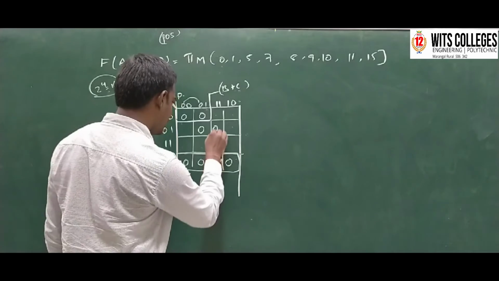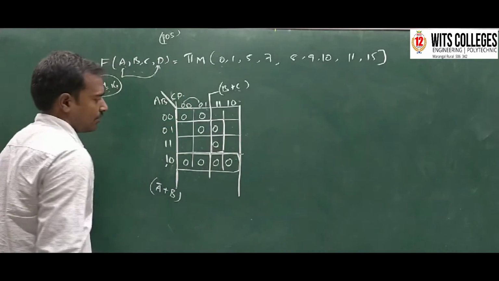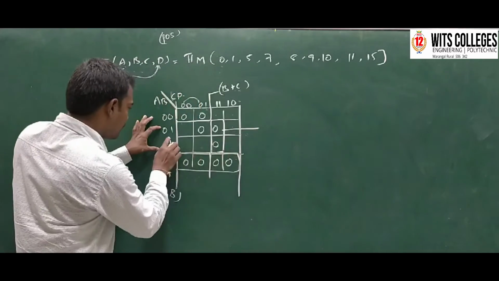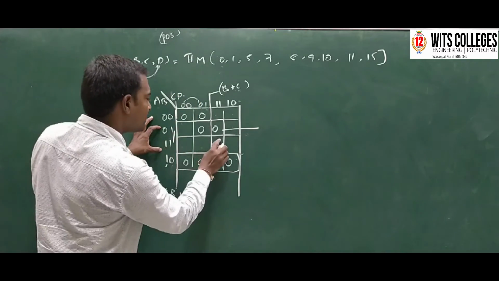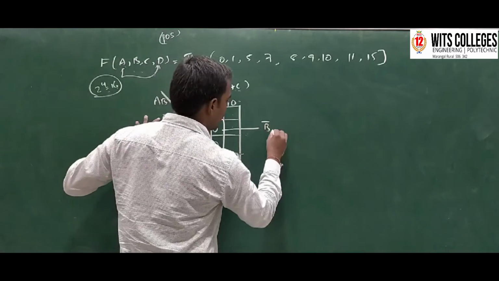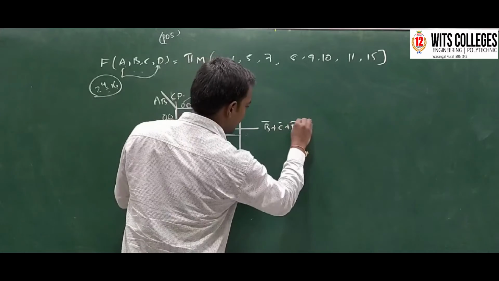We have these 3 variables, so for these I am grouping these 2 variables. For this we will get 1 as common, and on this side double 1. So 1 indicates b bar, plus double 1, that is c bar plus d bar.